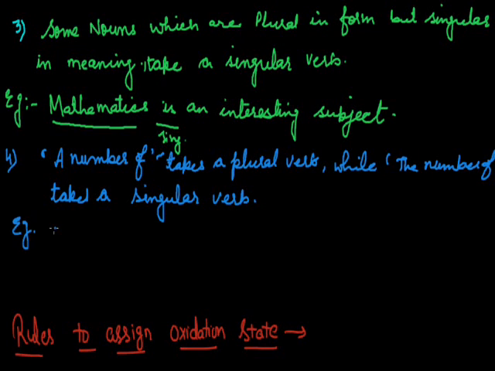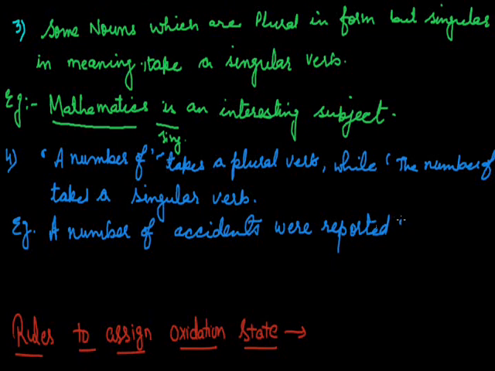For example, a number of accidents. What I told you, if we'll use a number of in any sentence, we'll use plural verb. So I have used a number of accidents, so we'll take plural verb, that is were reported in the newspaper.